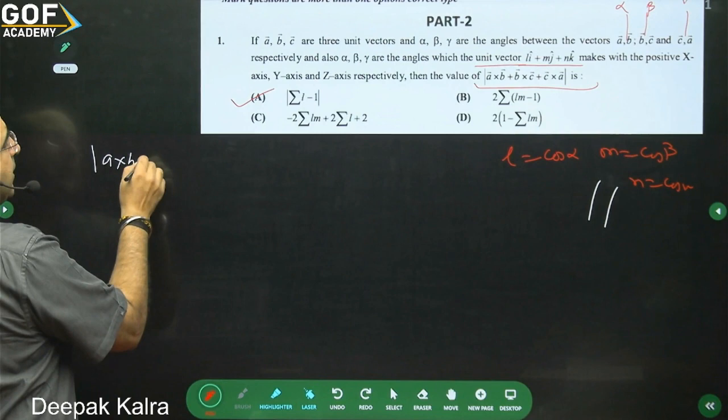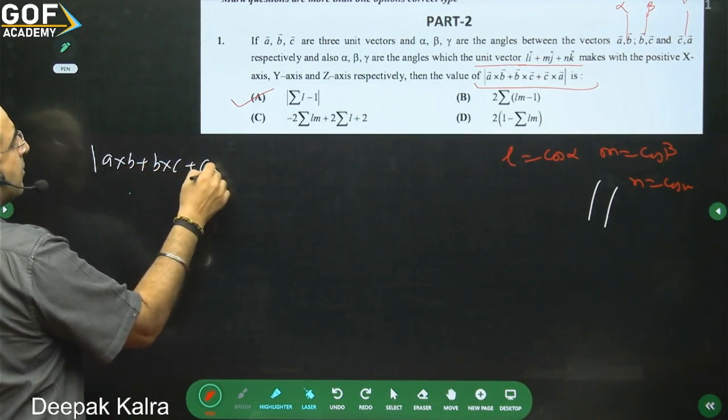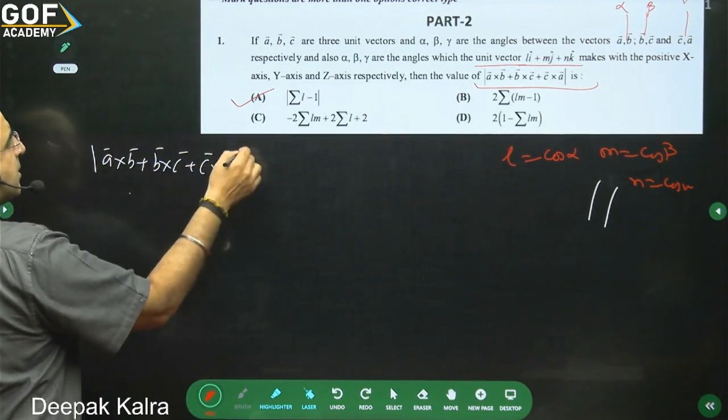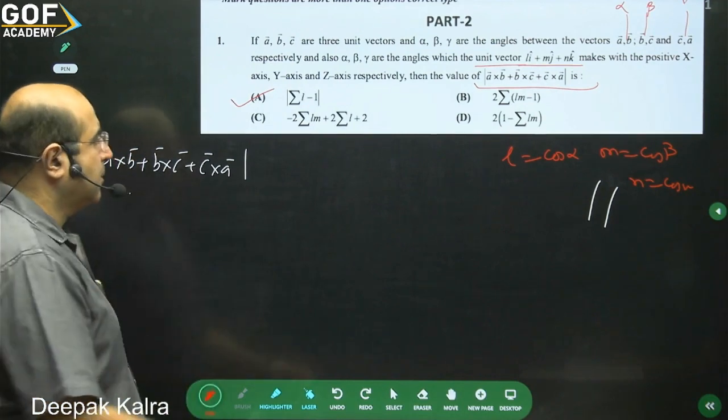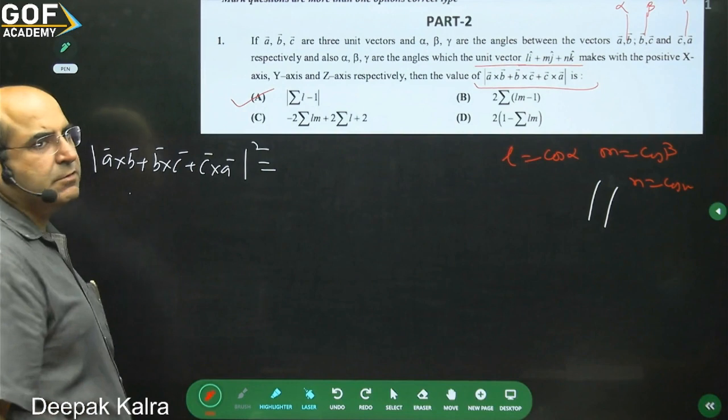A cross B plus B cross C plus C cross A. Whenever such type of question comes, here nothing is there, just do squaring. That is the best advantage for this.